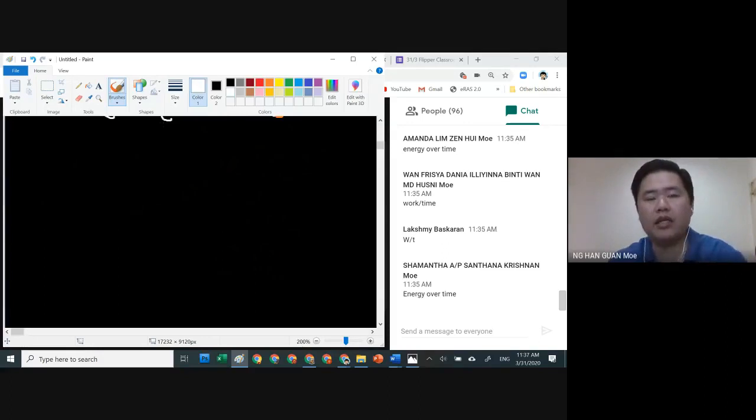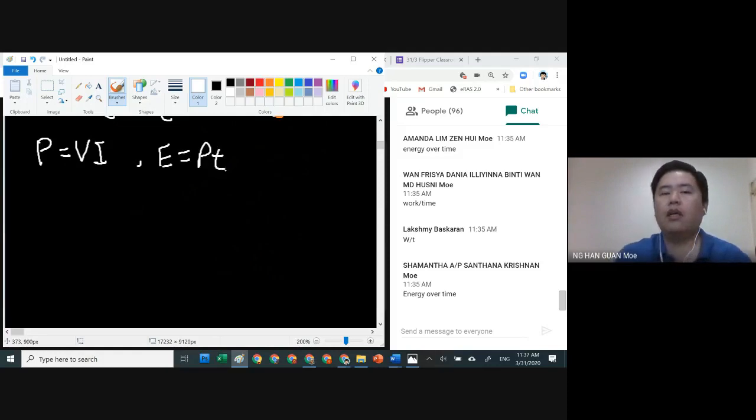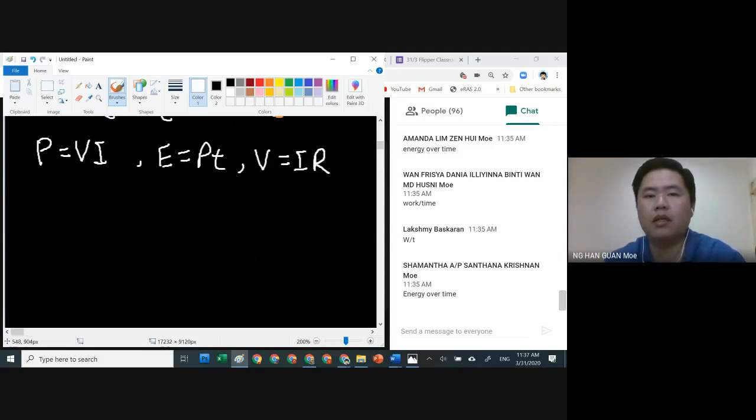Okay, remember in the list of formula later on in SPM, it will give you this one, P equal to VI and the E equal to PT, plus the V equal to IR and the last one Q equal to IT.